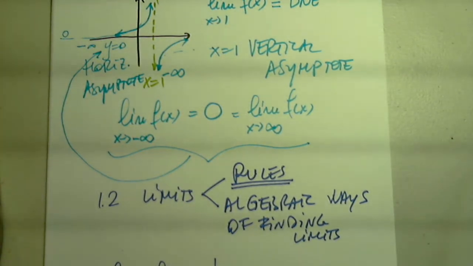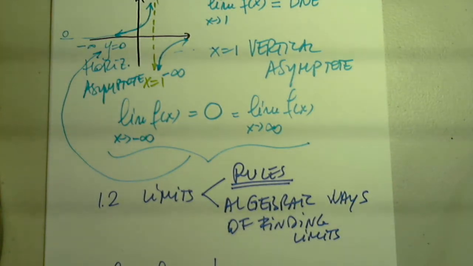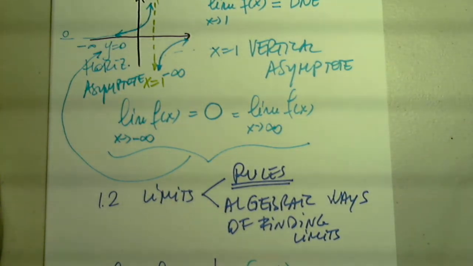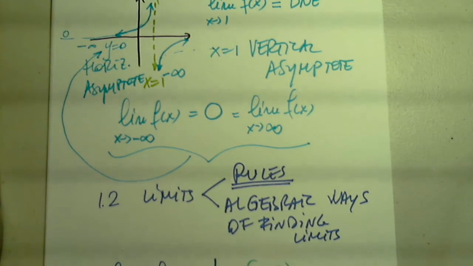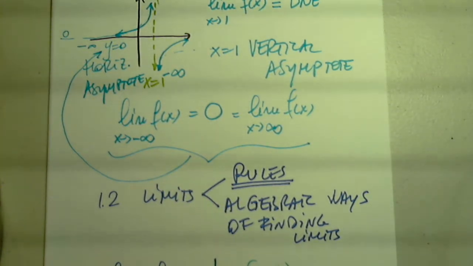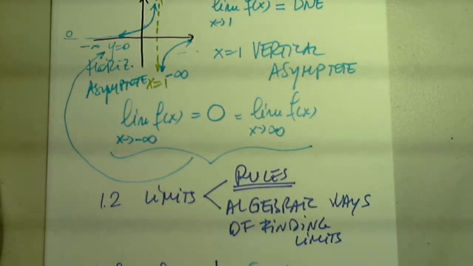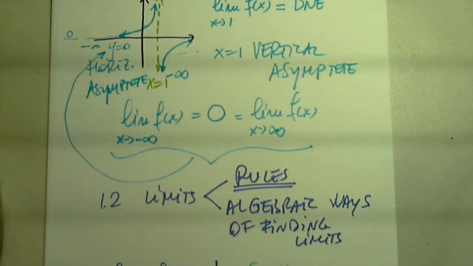So assuming that the limit of f of x exists, so this is a number. As you know, if it's d and e or infinity, the limit does not exist. But this is a number, which means that the limit exists. Also, the limit of g of x as x approaches a from either side exists. We're going to call it m.